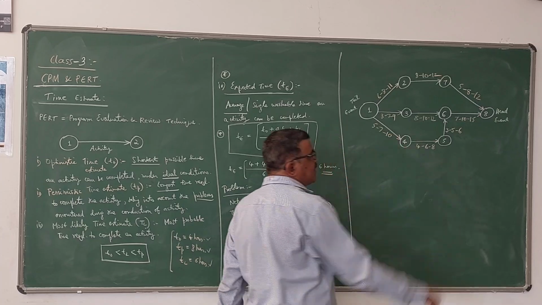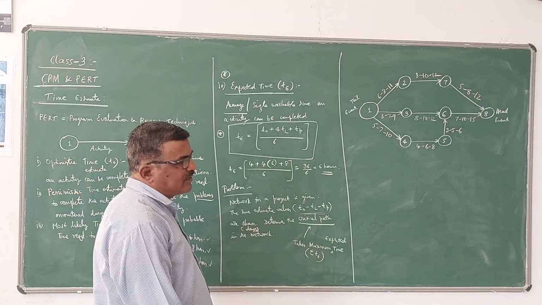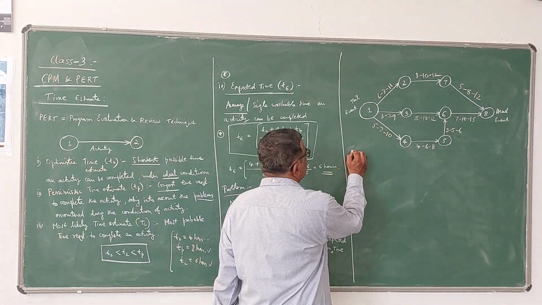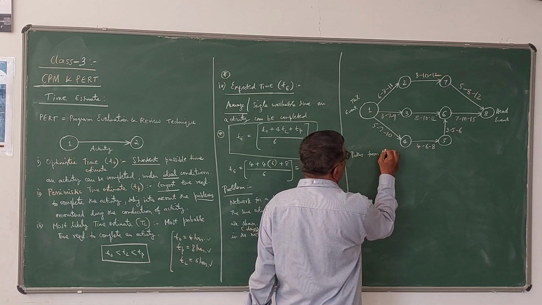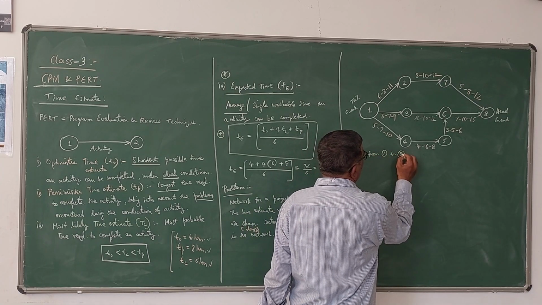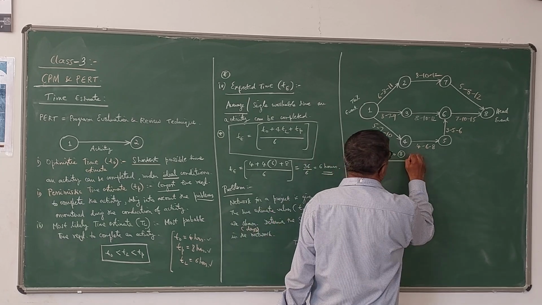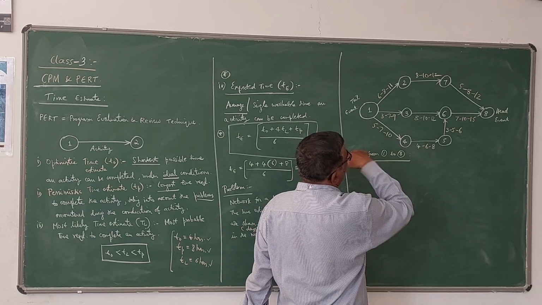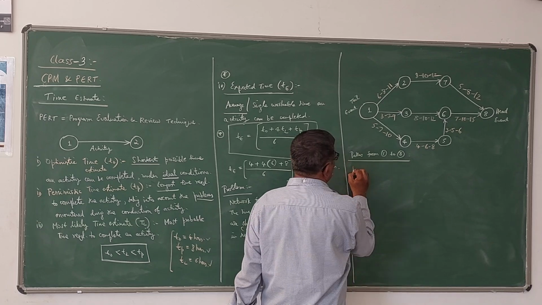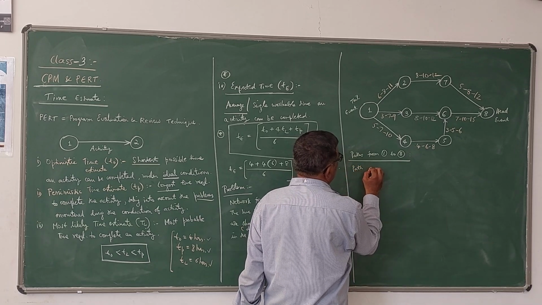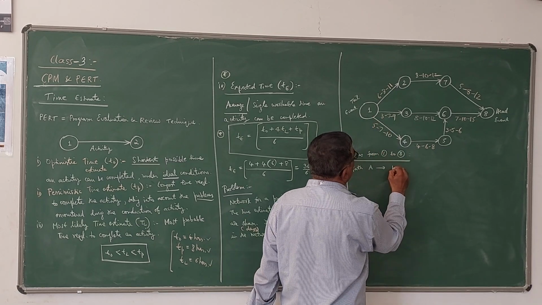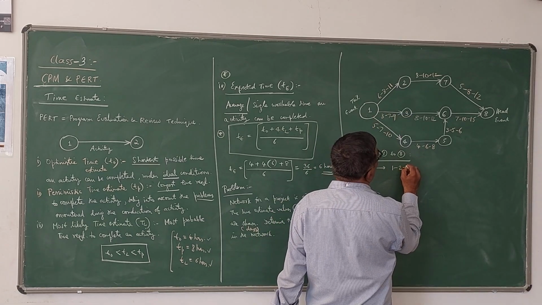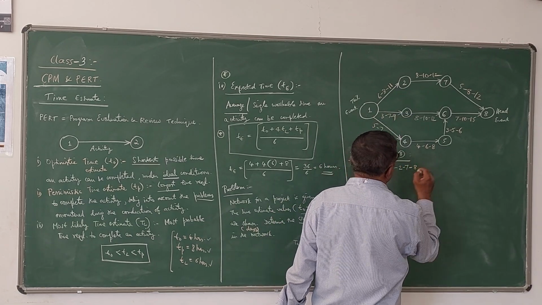Now let us first identify how many paths are there from event 1 to 8. If you observe here in this problem, there are 4 different paths. Let me name them as path A. Path A is 1 to 2, 2 to 7, 7 to 8. This is one path.